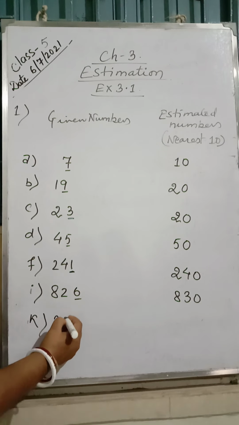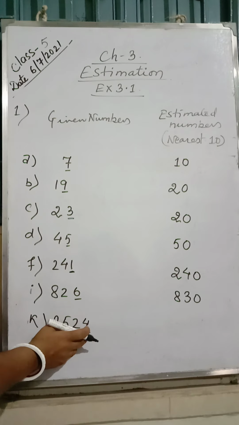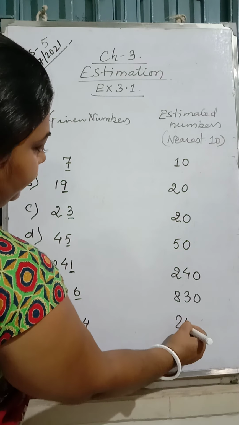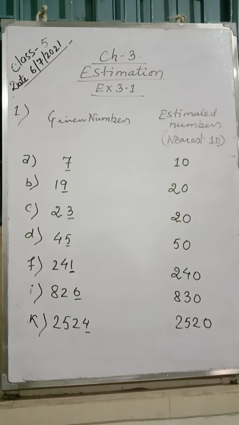Again, the digit at one's place. I have told you the number may consist of so many digits, but we have to see the digit at unit place only. It is 4, less than 5. So the digit at tens place will remain as it is. So we'll write 252 as it is, then 0. So this is the way we round the number nearest 10. This was question number 1.